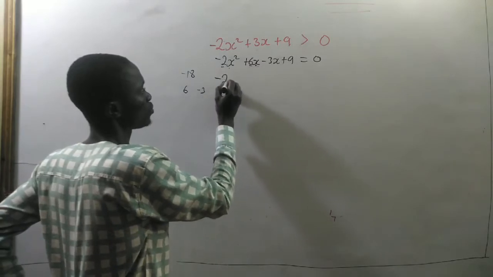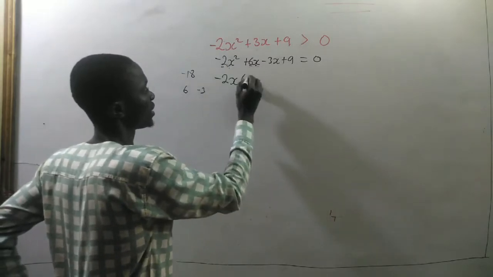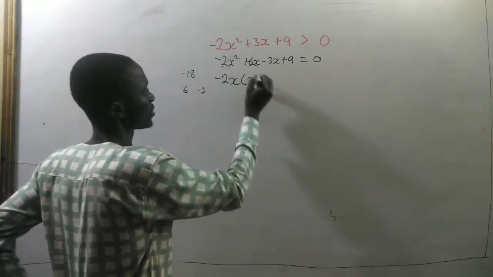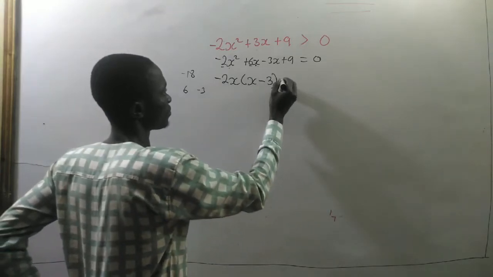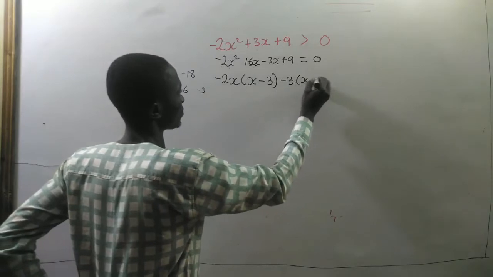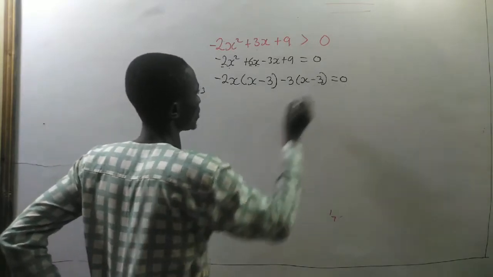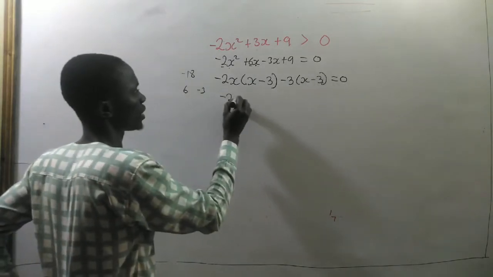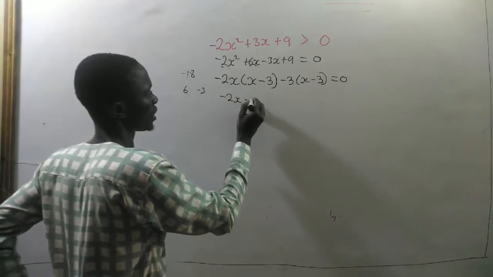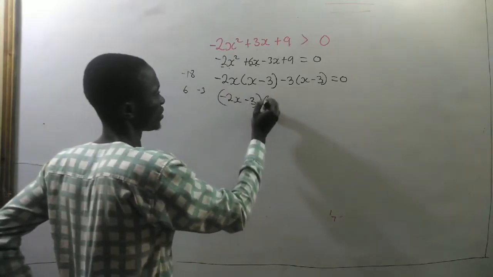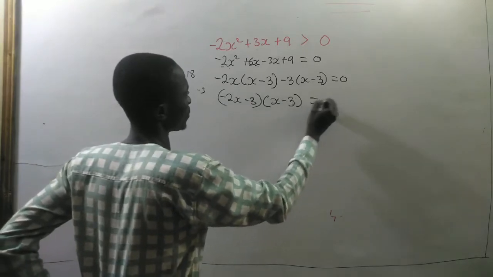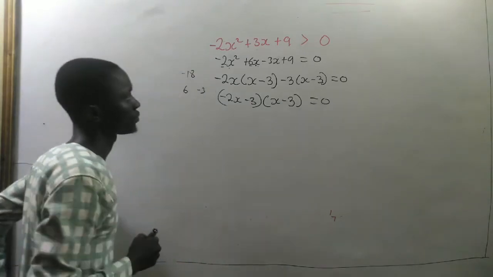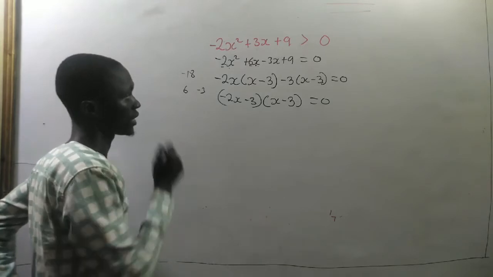So I have minus 2x, and here it will be left with x minus 3. Then we have minus 3, x minus 3 equal to 0. I have minus 2x minus 3 times x minus 3 equal to 0. Very, very simple as that.